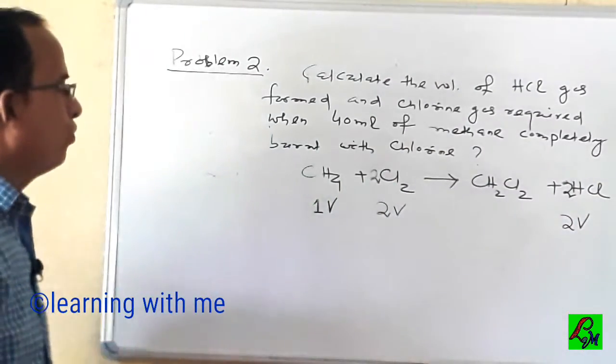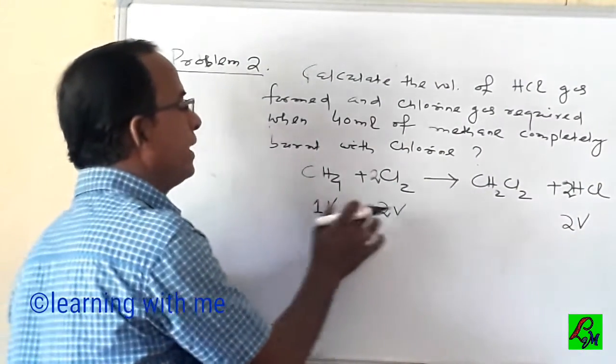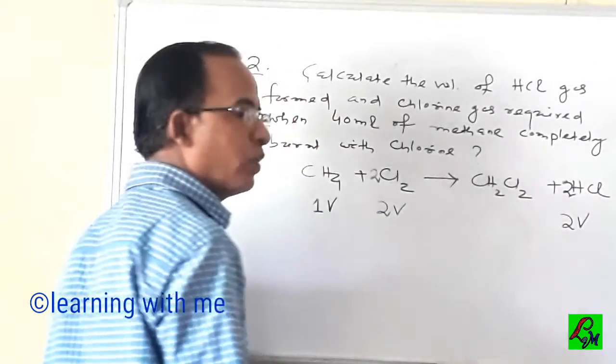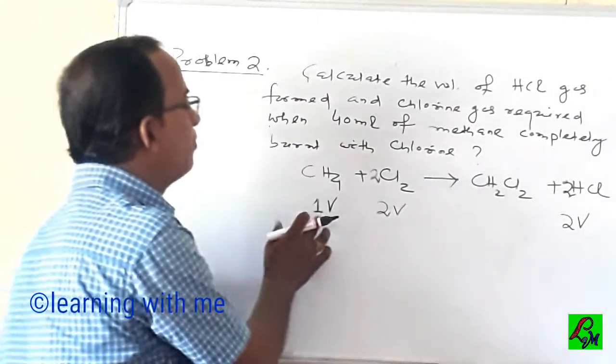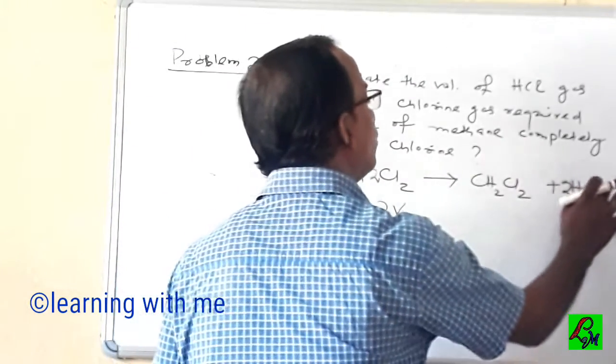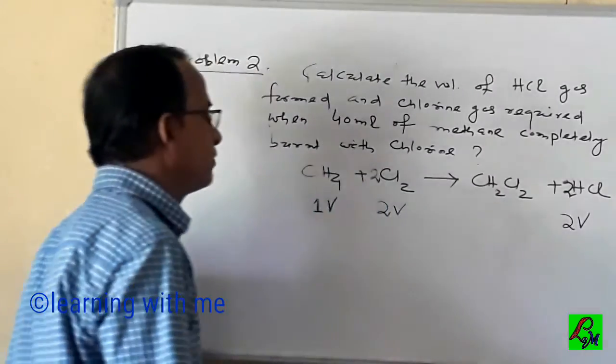So 1 volume of methane reacts with 2 volume of chlorine to produce 2 volume of hydrochloric acid, or 1 mole of methane reacts with 2 mole of chlorine to produce 2 mole of hydrochloric acid.